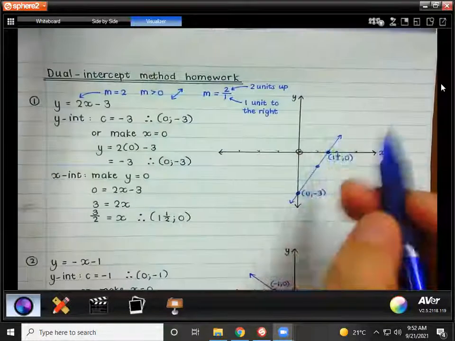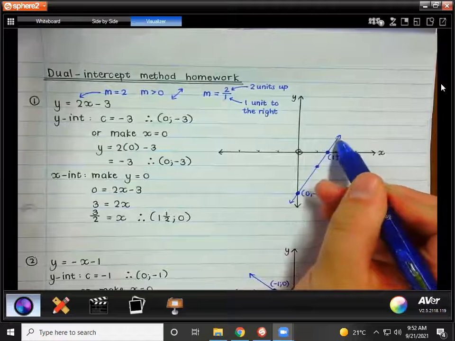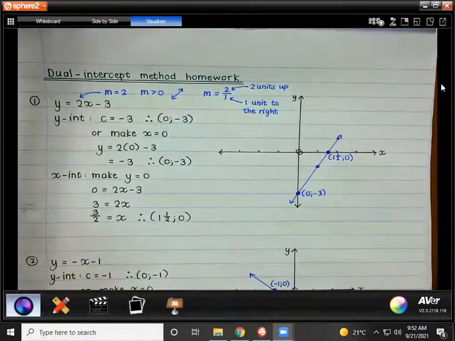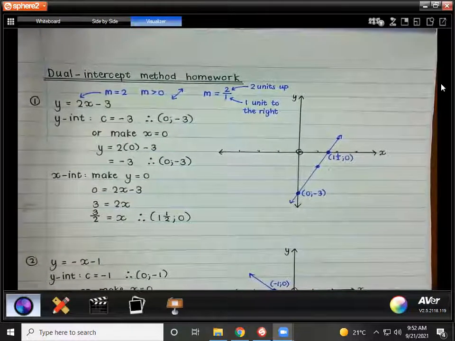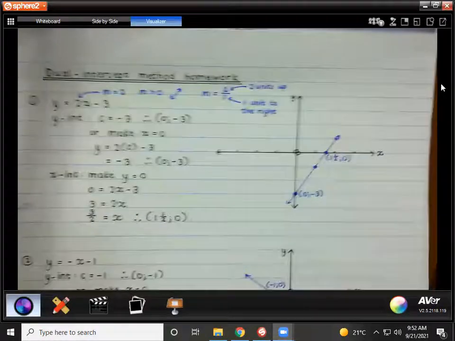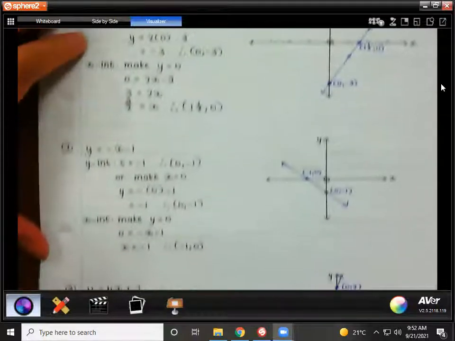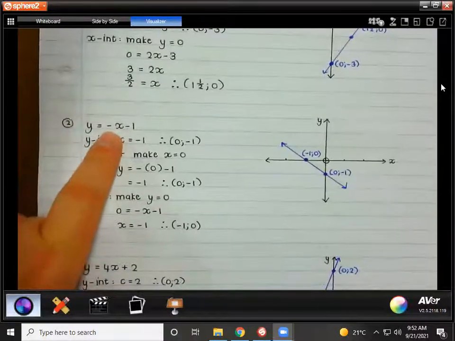The same thing can then happen from this point. If I go 2 units up and 1 unit to the right, I will again get another point on the graph. They're not points that I plotted, but the line is going through those points. Okay, so that's one thing that's happening with that one. If we look at the next one, number 2, what number is in front of x here?